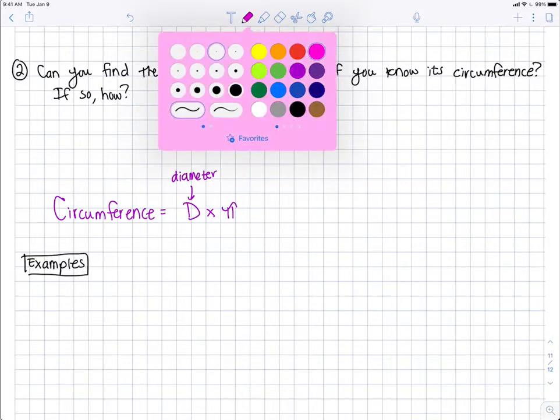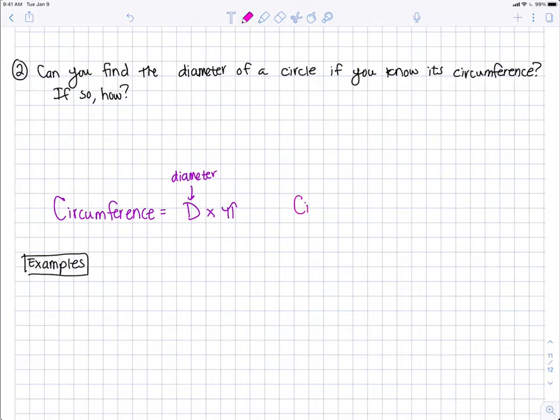We also have another formula for circumference, which I'm going to abbreviate as c, but this time in terms of the radius. So instead of giving you a diameter, let's say I give you a radius. You should be able to find the circumference even if I give you a radius. So this requires us to think back on the definition of what a radius is and how it relates to the diameter.